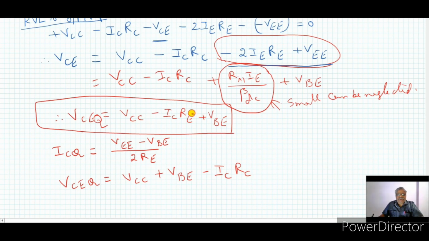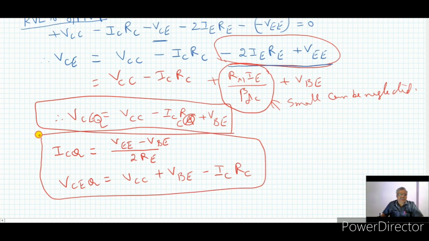Here by mistake I have written RE. This is RC. So these are the coordinates of our operating point. Once you get the coordinates of the operating point, we say that DC analysis is completed.